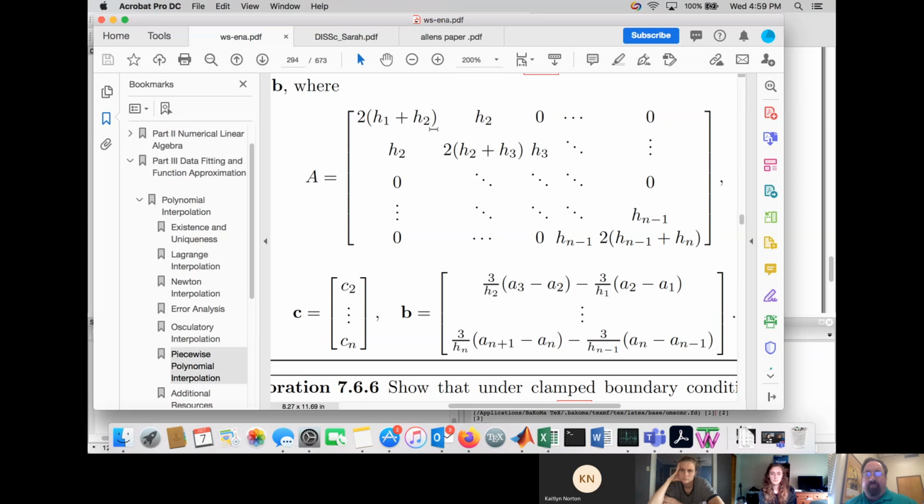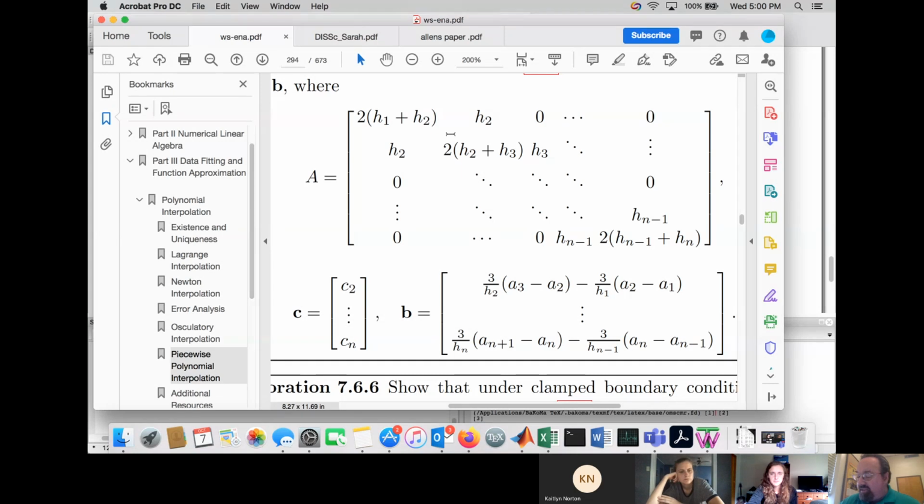So this is a system of equations that is very computationally cheap to solve. So if you have n points, it takes order n floating point operations to solve. So cubic splines can be computed very efficiently. So that's another nice property that they have.